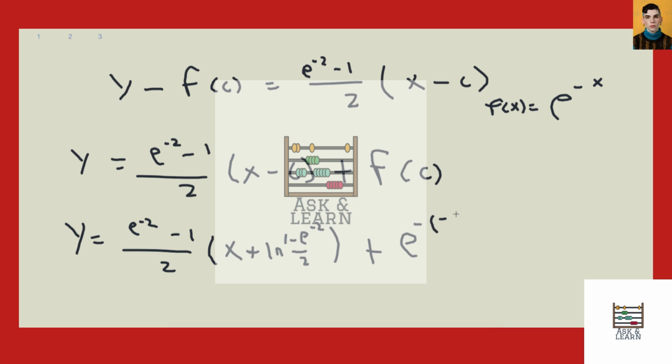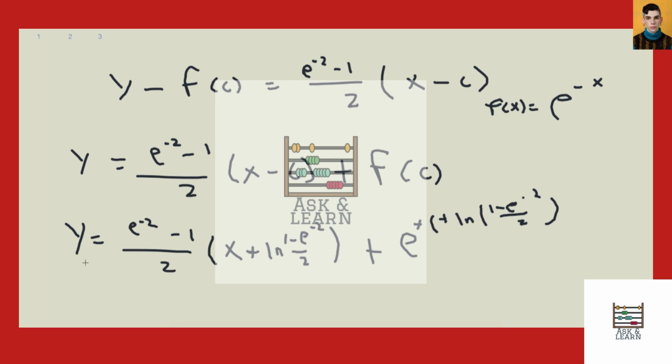Since there's a negative ln of 1 minus e to the negative 2 all over 2, this creates a positive. And essentially this is our slope right here.